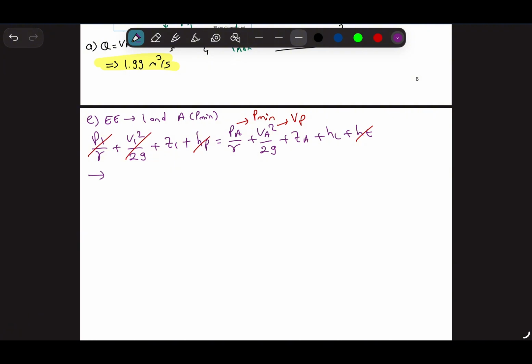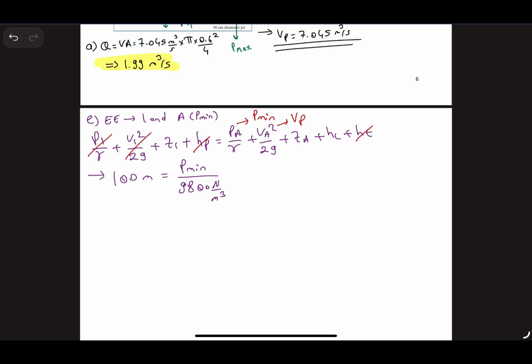So Z1 is 100 meters. We have P minimum over specific weight. This is normally 9810 Newton per cubic meter. But to stick to the solution, I'm going to use 9800.